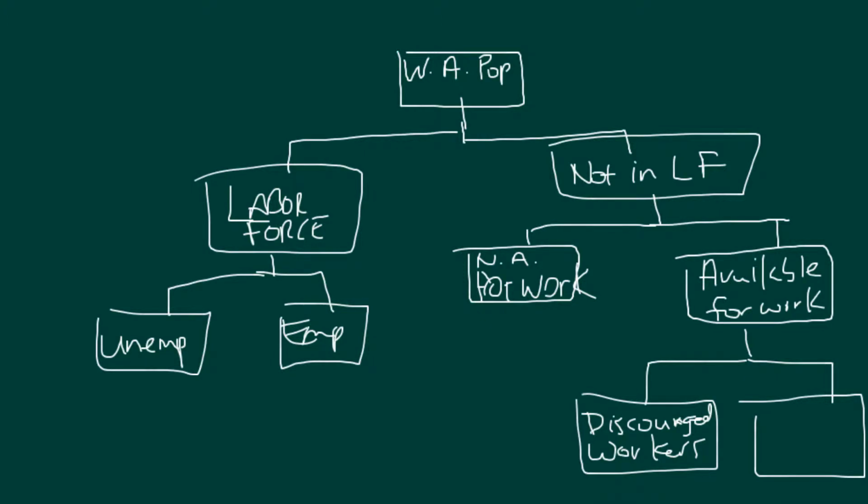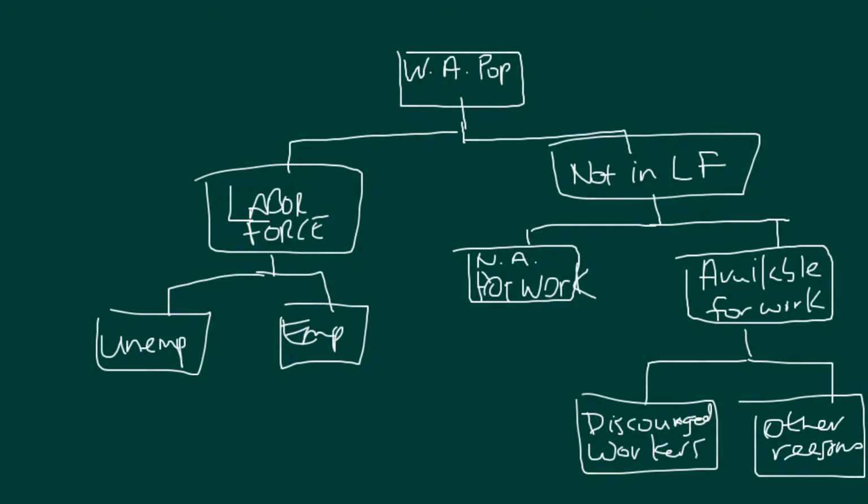Now this last box is not really one I can sum up too easily, but the idea is you're available for work, but there's something blocking you, and I'll just put other reasons here because I don't have much room to write.